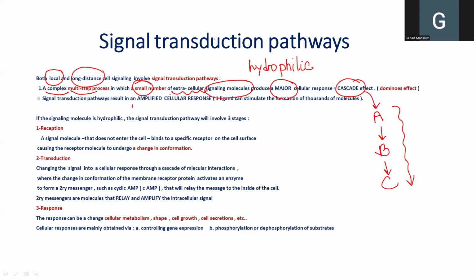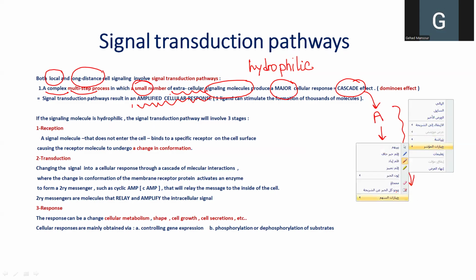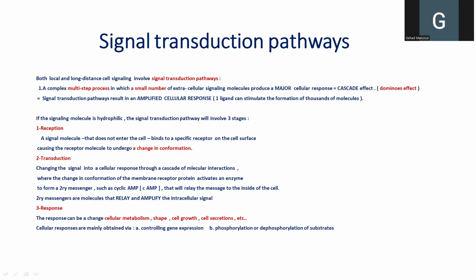Now, the signal transduction pathways, therefore, result in an amplified cellular response. So you can start with one signaling molecule and you end up with thousands of molecules, and these are the product molecules. Now, the term ligand refers to the signaling molecule that binds to the membrane receptor.